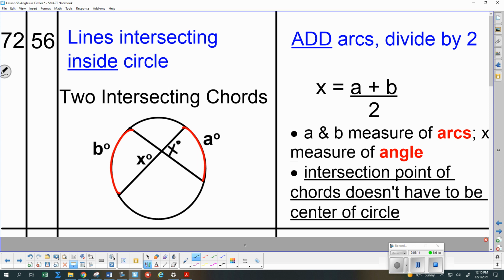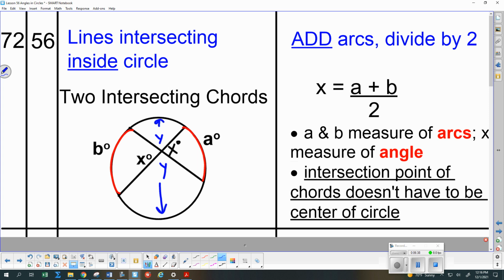But you see how for the angle X, those intersect A and B. Now, yes, I could also talk about these angles here and have a similar formula, but they'd have to use these other two parts of the arcs that I did not shade in the beginning. So once we pick an angle, we're talking about the arcs that those angles catch, that they intercept on the circle.